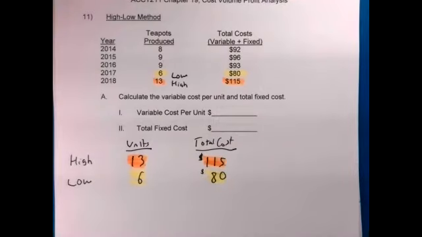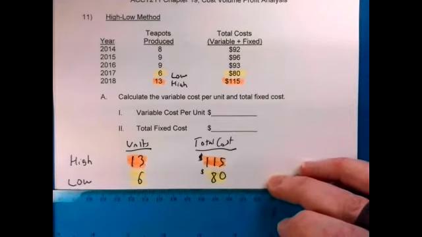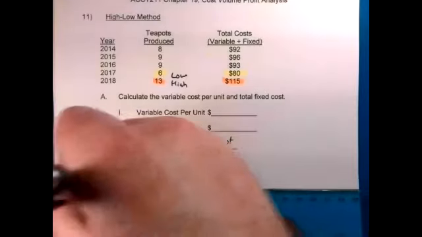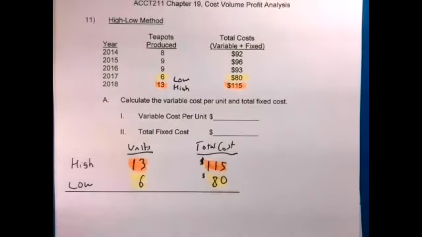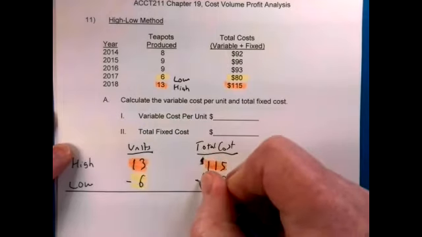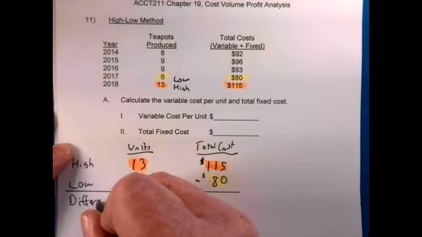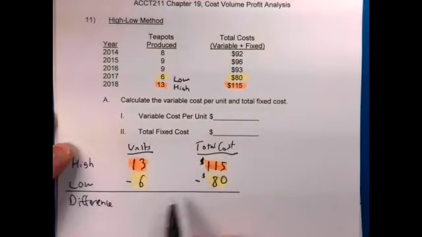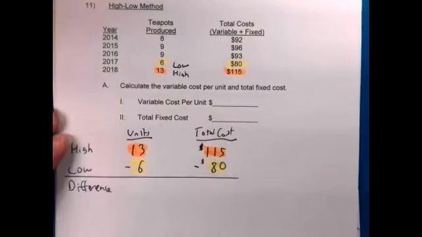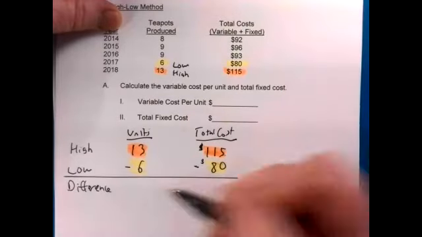All right. Now we are going to take the difference between those. So we're just going to subtract out the lows. So 13 minus 6 is 7.